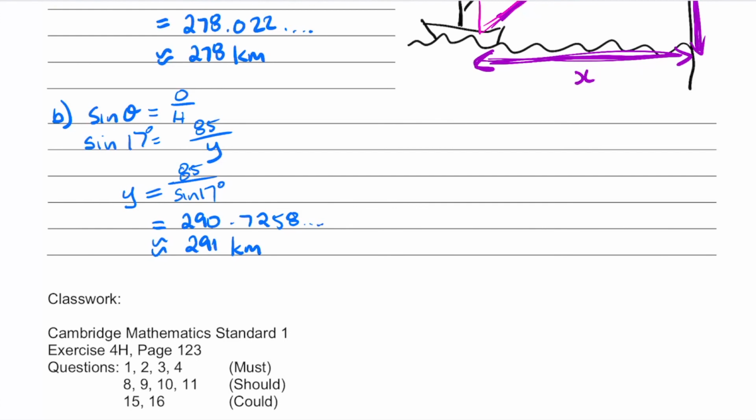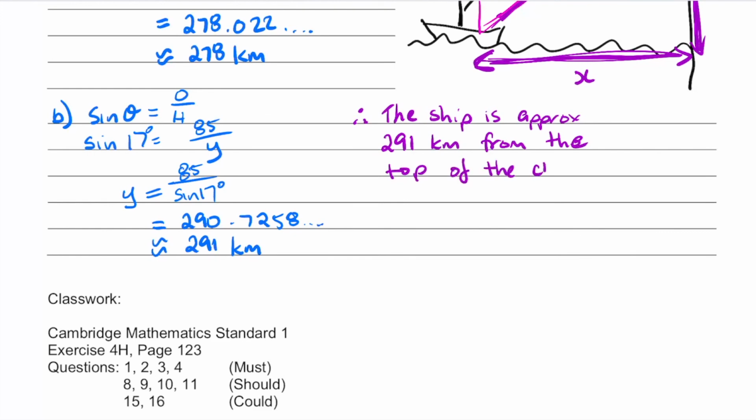Again, we do need that sentence to finish it off. Okay, so now we are saying that the ship is approximately 291 kilometers from the top of the cliff.